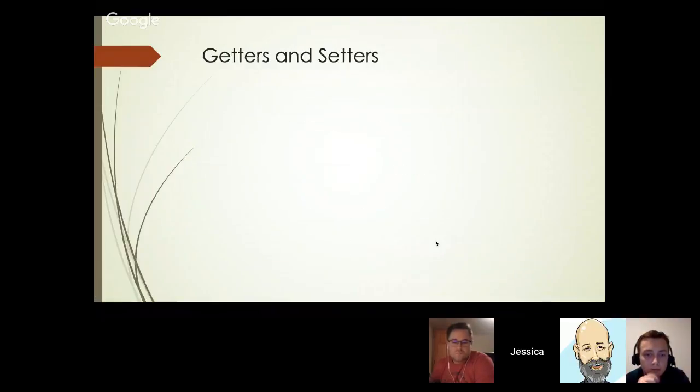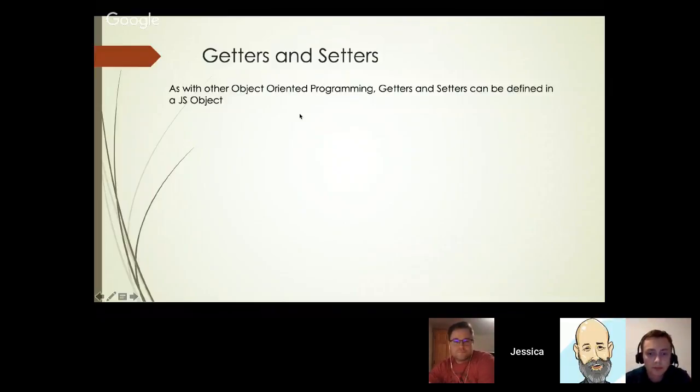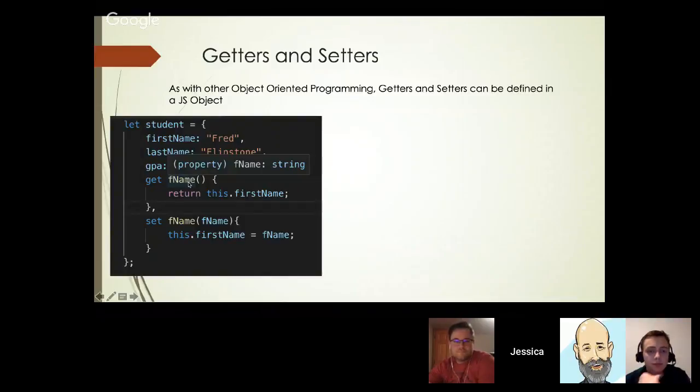Any questions? I want to keep going. Okay, so we've got getters and setters. We can do that too. They are a little bit different than defining any other function. You'd have the get, so here's fname, and then set for first name. Otherwise, it looks exactly the same as getters and setters in other programming languages.